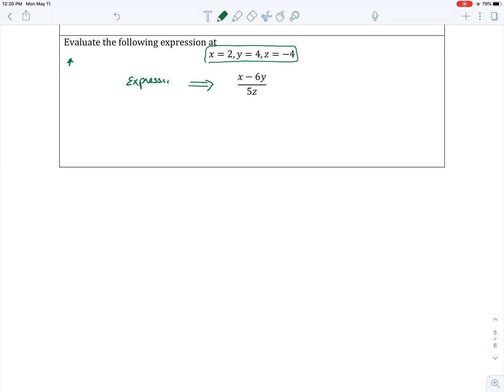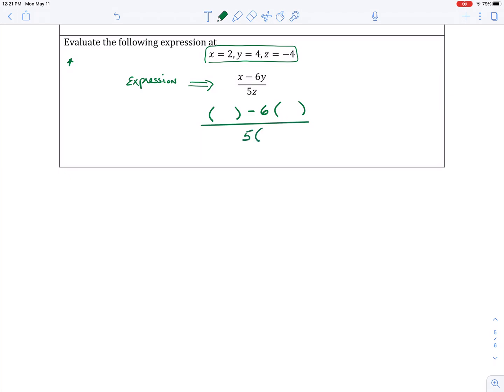A little bit later we'll be talking about the difference between an expression and an equation. An expression is just some sort of term or a group of terms. When we do equations later in this chapter, you're going to see a left side set equal to a right side. That will be the distinguishing characteristic between expression and equation.